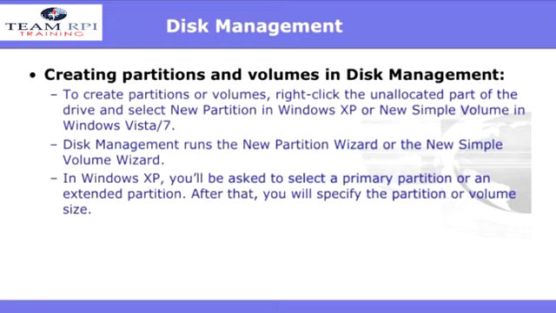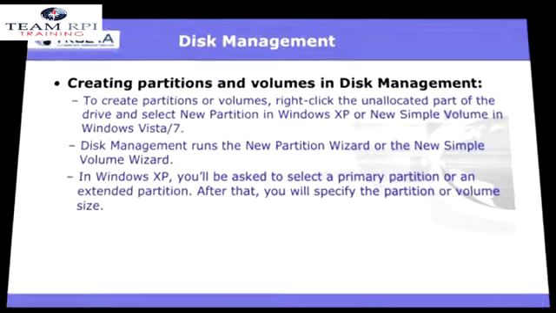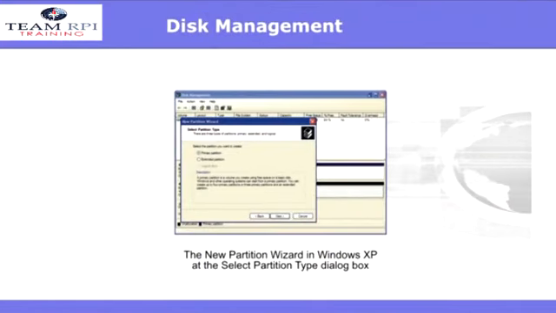Simply right-click on the unallocated part of a drive and select New Partition in XP or New Simple Volume in Windows Vista or Windows 7. Then Disk Management runs the New Partition Wizard or the New Simple Volume Wizard. Here's a look at the New Partition Wizard in Windows XP.